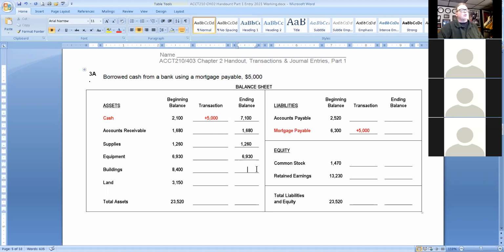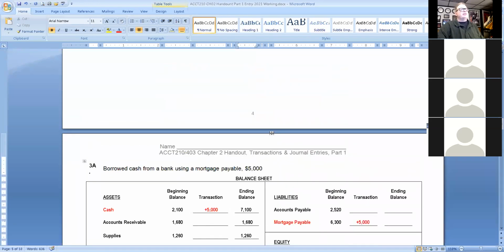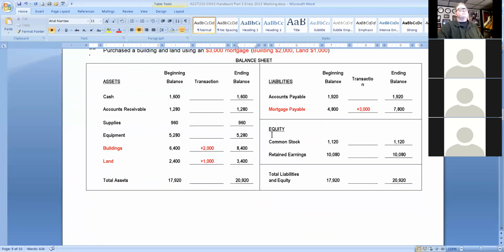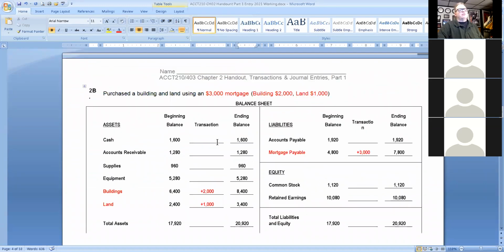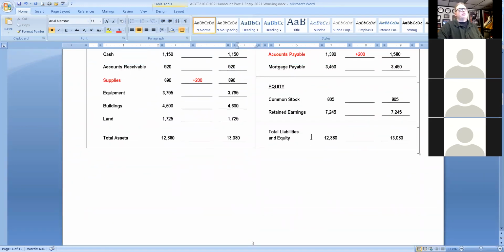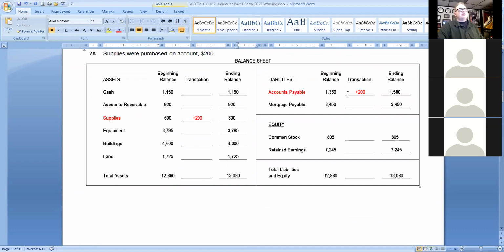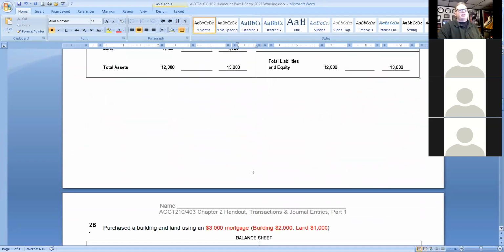So every time it's a payable, it goes to cash? No, not necessarily. It depends on what you use it for. For instance, it could be that you got cash like in this one, but for this one, we borrowed the money and we got buildings and land for it. And on this one up here, we got it for supplies. So you can borrow money for a number of different things.